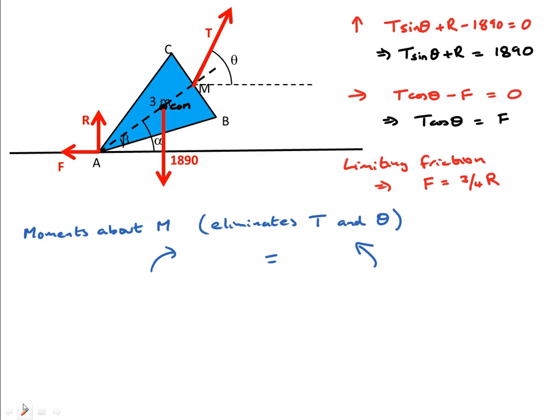The forces R and F are going to be trying to turn the lamina clockwise, while the force of 1890 newtons, the weight of the lamina, is going to be trying to turn the lamina anti-clockwise.